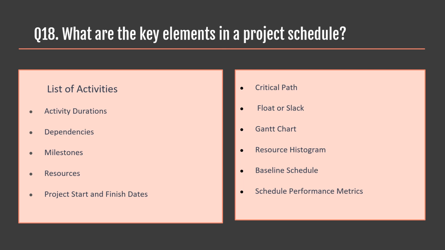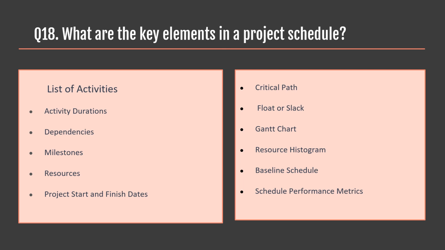Gantt chart. She prepared a visual representation of the project schedule showing the start and finish dates of each activity, dependencies, milestones, and the critical path. Resource histogram. A graphical representation of resource allocation over time, helping to identify resource overloads or gaps, was made.